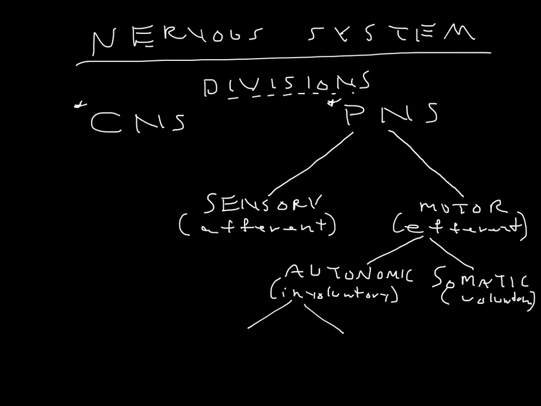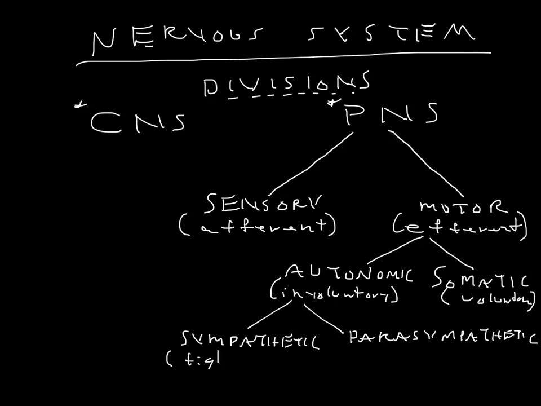And finally, the autonomic nervous system is broken down into your fight or flight division, which is the sympathetic division, which would raise your heart rate, drive blood flow to skeletal muscles, and the resting and digesting division, which is the parasympathetic, which would have the opposite effects. So those are your divisions.